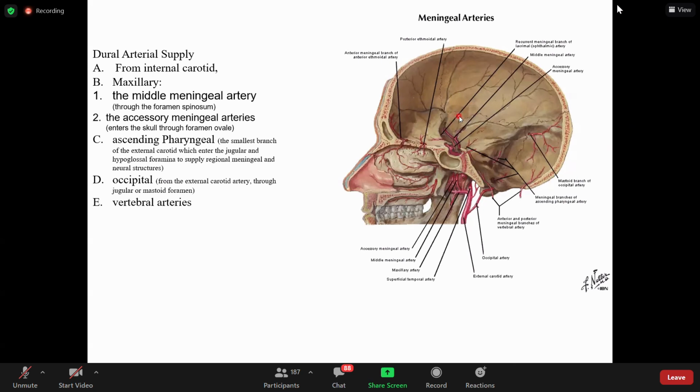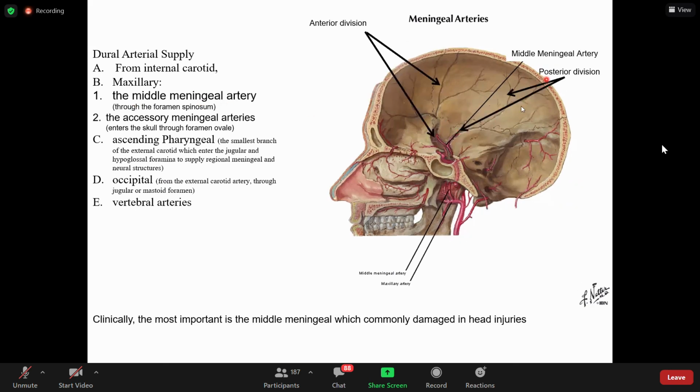The most common cause of it is the rupture of the middle meningeal artery. Okay, you can see this. These are the impressions left by the middle meningeal artery, the anterior division, the posterior division. So any trauma to the side of the skull there will cause bleeding, resulting in epidural hematoma.